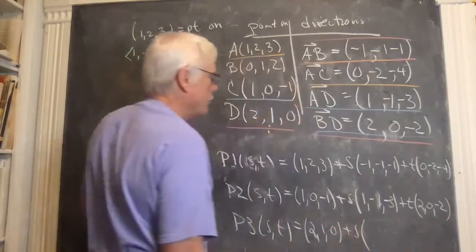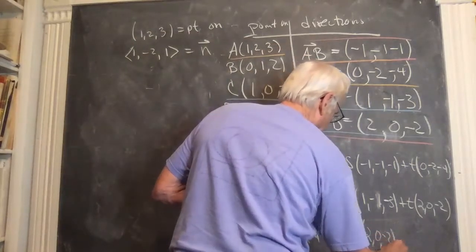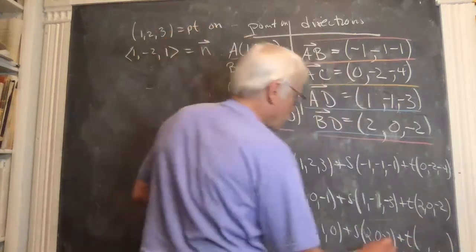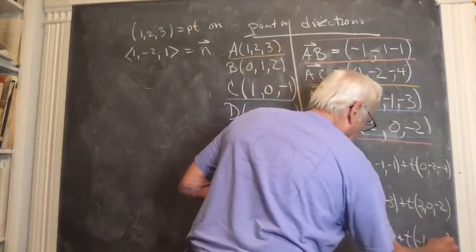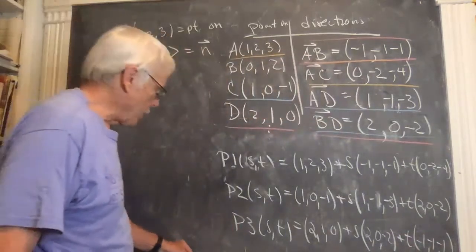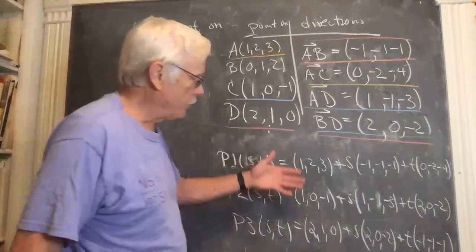Plus S times 2, 0, minus 2, plus T times minus 1, minus 1, minus 1. So there are three pretty different parametric functions, each of which has its range being the plane.